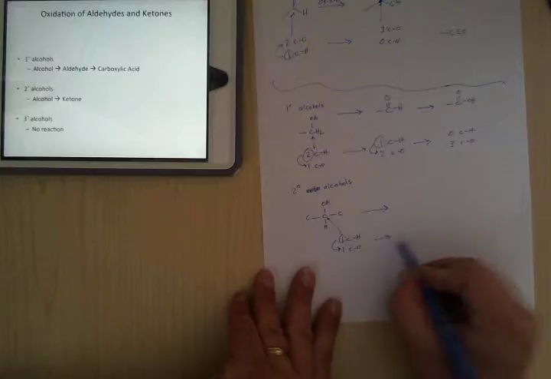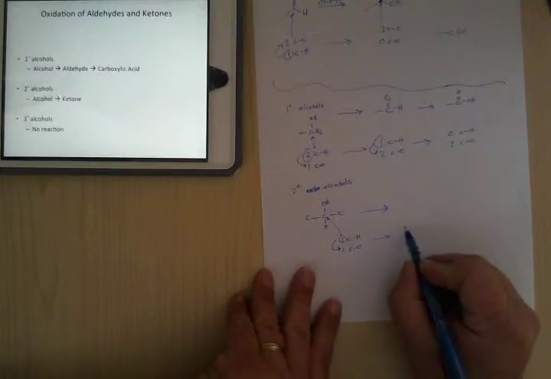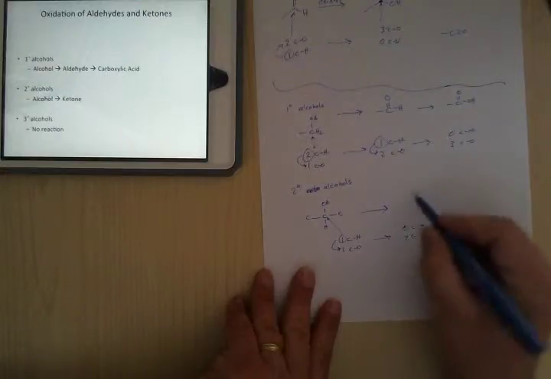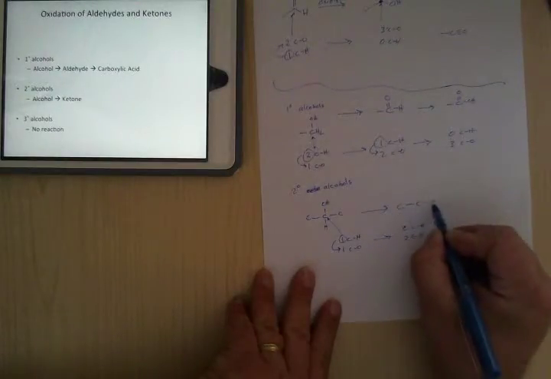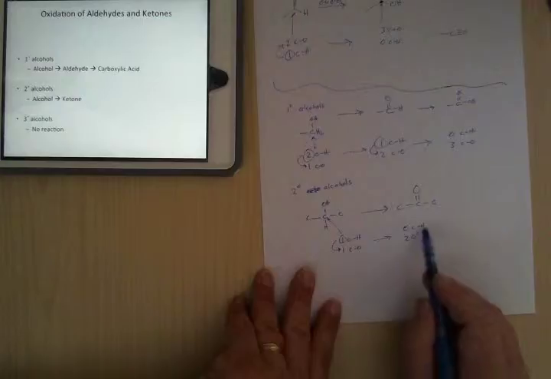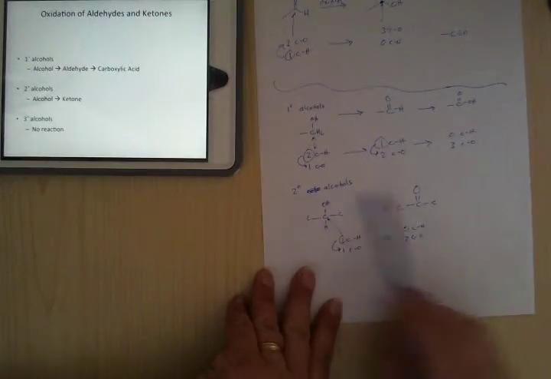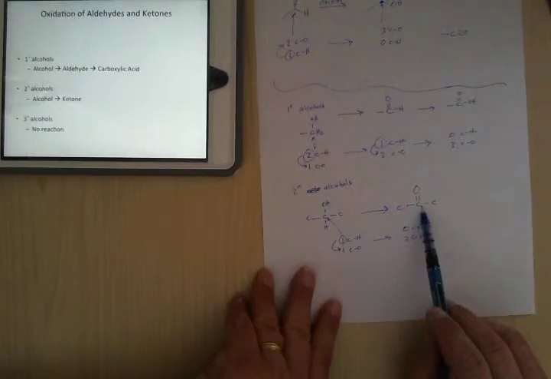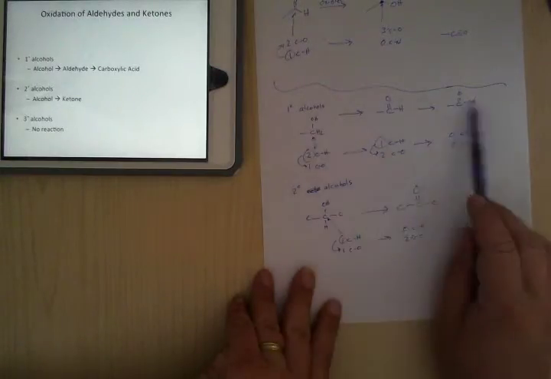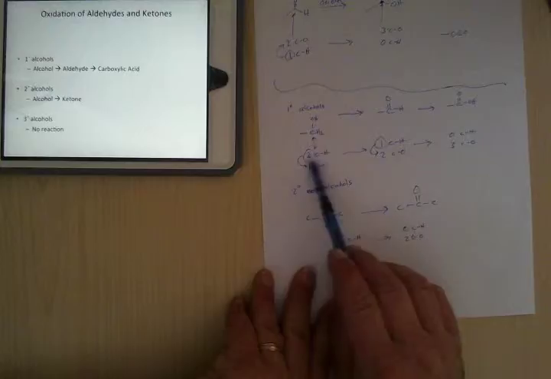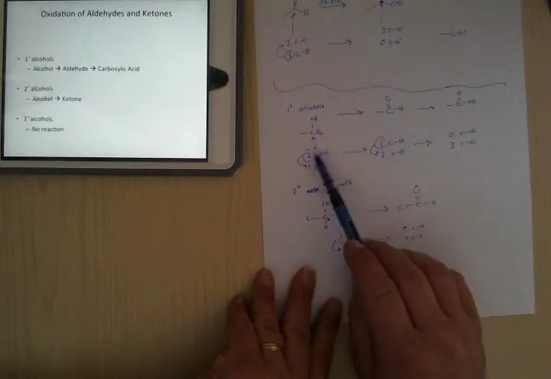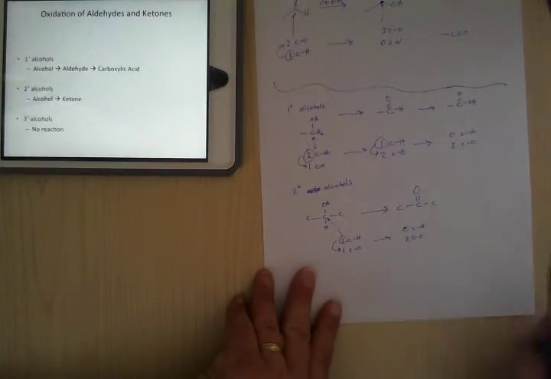So we know the product's going to have no carbon-hydrogen and 2 carbon-oxygen. But since we're out of carbon-hydrogen bonds, we can't go any further. So a secondary alcohol is going to stop at the ketone. Primary alcohols can go all the way up because we have enough carbon-hydrogen bonds to convert. Here we only have 1.